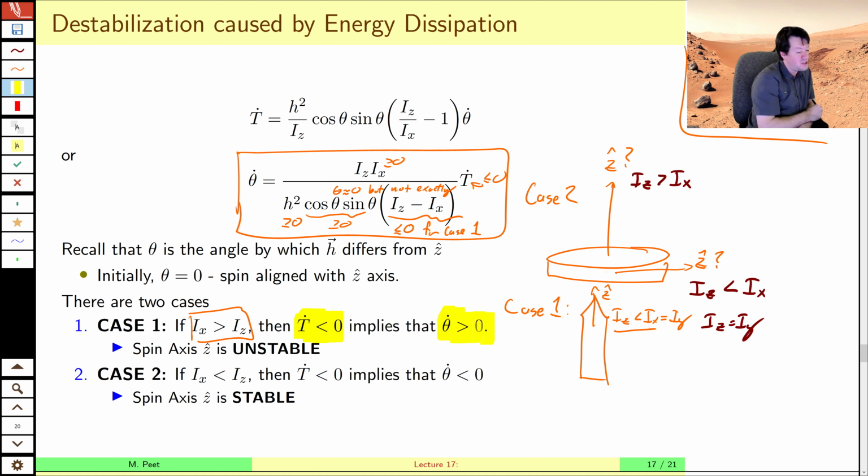So as energy decreases, the distance to the angular momentum vector will increase. So remember, in this case, in our initial spin, omega naught, the angular momentum vector is in this direction.